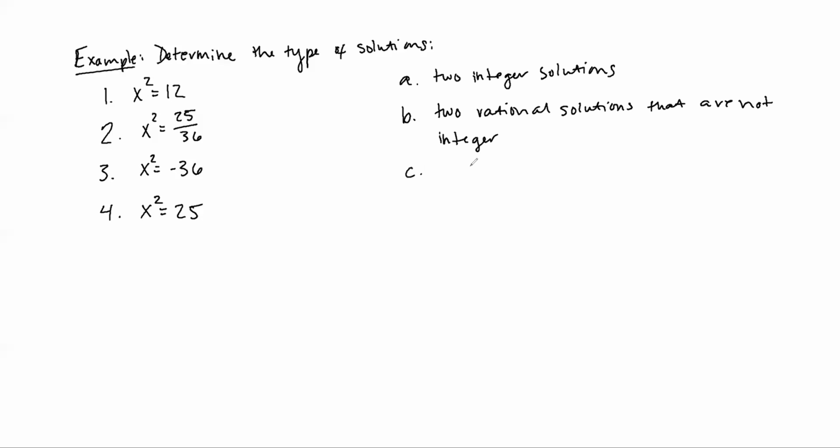C, we're going to have no real number solutions. And finally, D is going to be 2 irrational solutions.